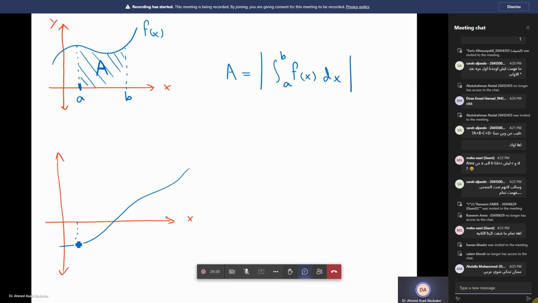So from A to B, this is A and this is B. We have A1 and A2 and this is f of x.